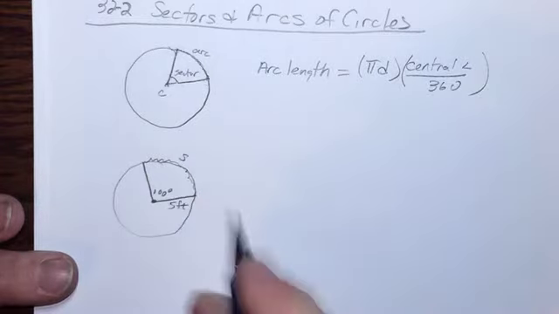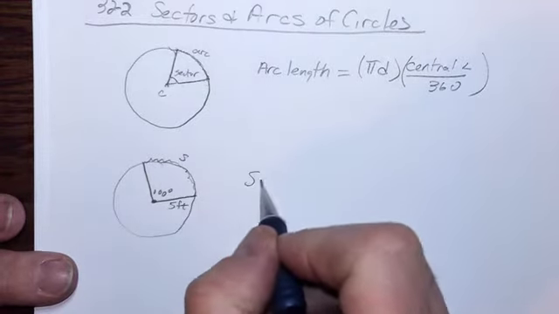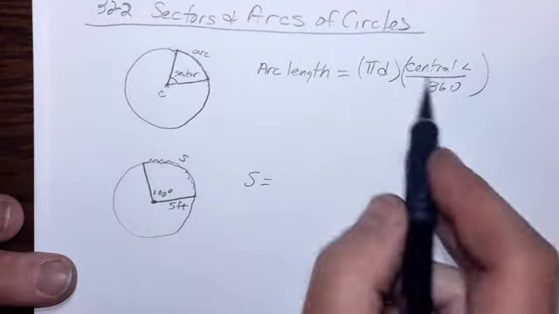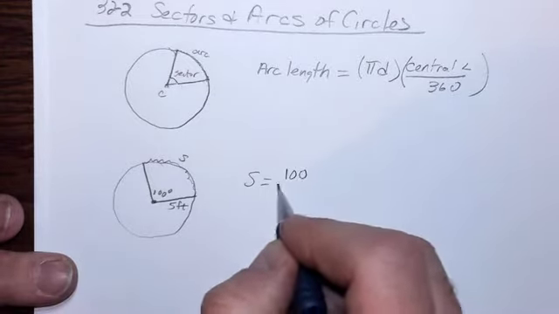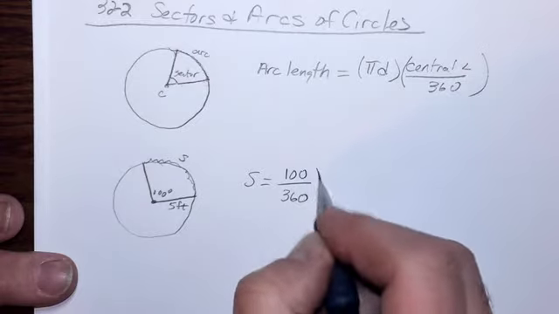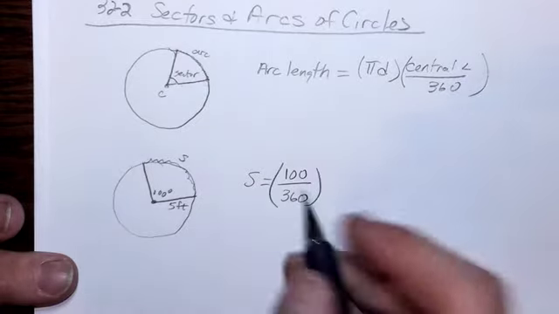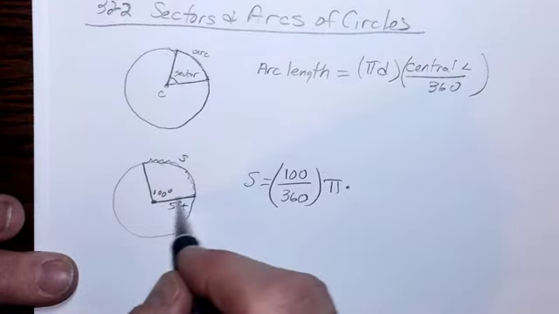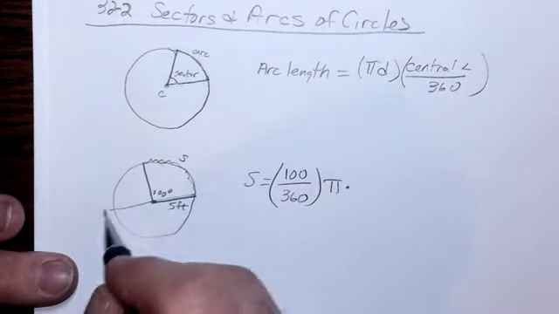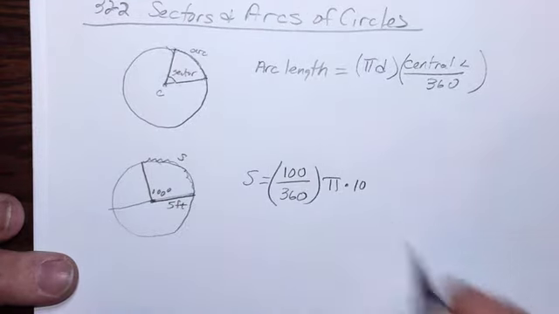Okay, I'm going to call that S. So S is going to equal, I'm just going to switch this around the other way around. I know that it's the central angle, which is 100 over 360, and then times pi times the diameter. Well, the radius is 5, so the diameter is going to be 10.